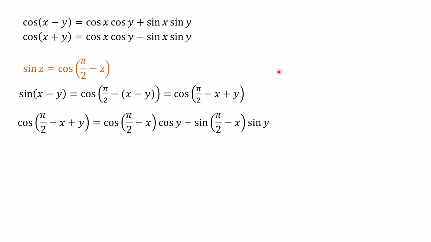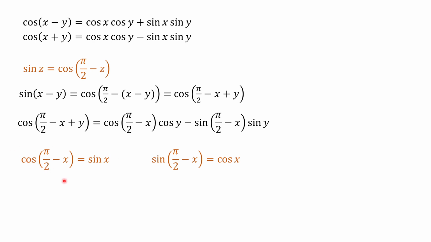All right. And the next thing I need to do is look at cosine of pi over 2 minus x and sine of pi over 2 minus x. You already know from the formula here that cosine of pi over 2 minus anything is a sine of that anything, right?